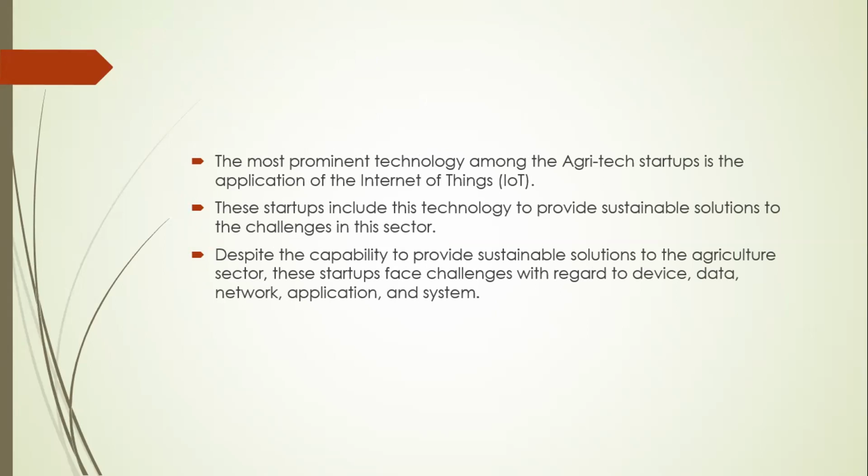This has been used at a very large scale in most manufacturing industries, and agri-tech startups are not an exception to it. They are also using IoT at a large scale. These startups include this technology to provide sustainable solutions to the challenges in the sector, and despite this capability, they face challenges with regard to device, data, network, application, and system.